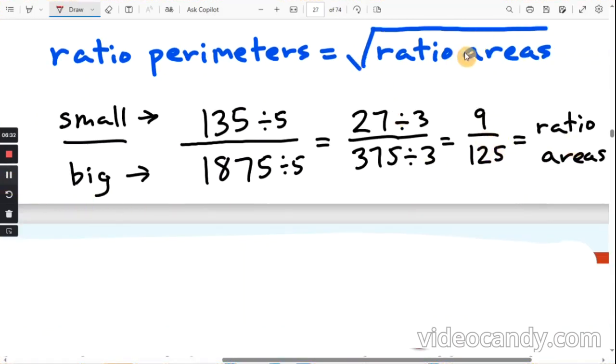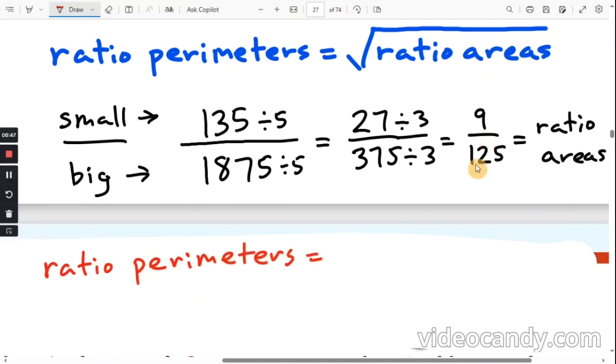We need to take the square root to get the ratio of the perimeters. So the ratio of the perimeters, that's going to be the square root of the top and bottom. Square root of 9 over the square root of 125.